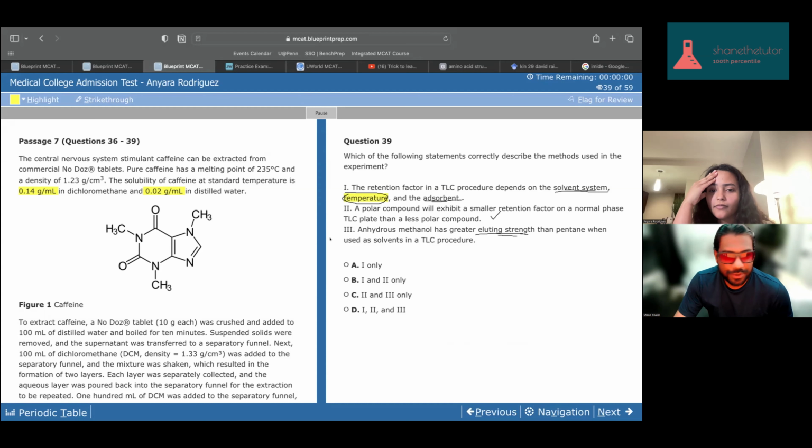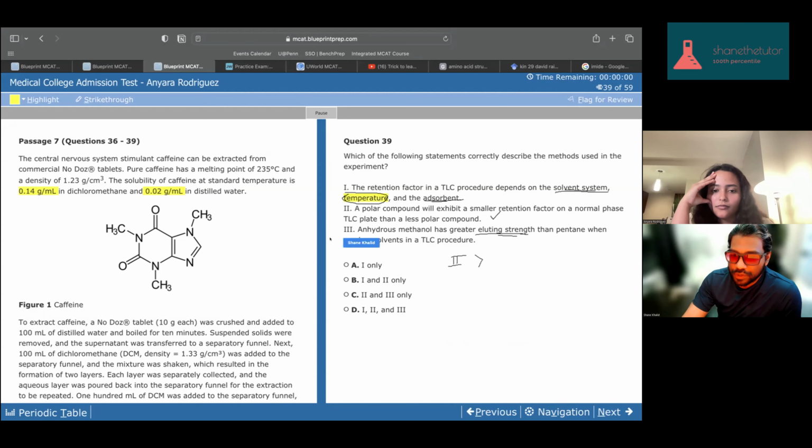So, okay, let me show you something that we can do with Roman numerals. Let's start with what you're completely certain of, which is Roman numeral 2. Greater than sign. And then we have Roman numeral 1, which you're certain of the solvent system part and the adsorbent part. You're unsure of the temperature part. So let's say for Roman numeral 1, you're 67% sure.